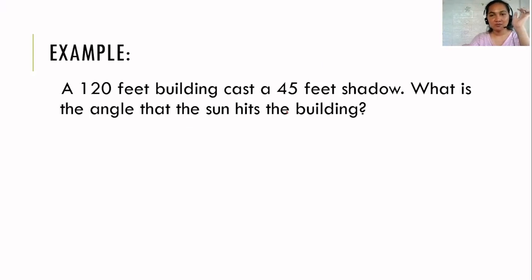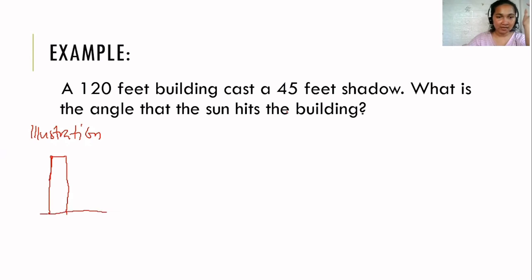So let's proceed with this example. You have a 120 feet building that casts a 45 feet shadow. What is the angle that the sun hits the building? If you're going to illustrate this situation, you have a building that is 120 feet in height.